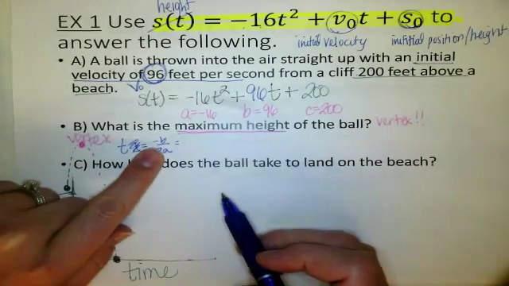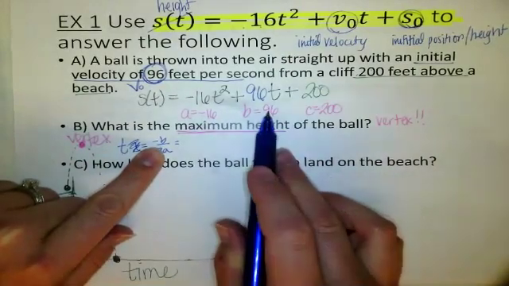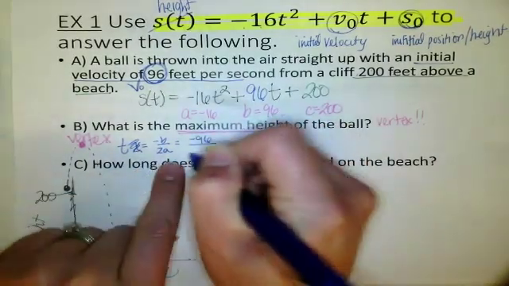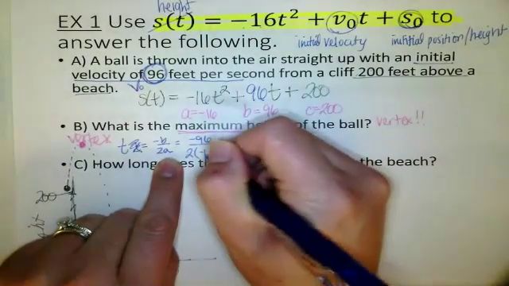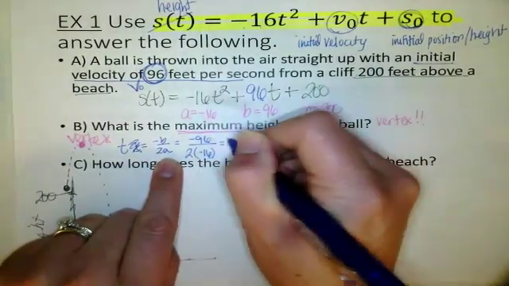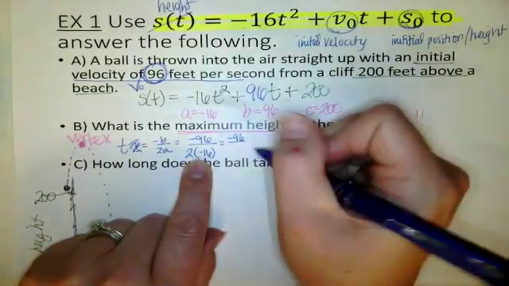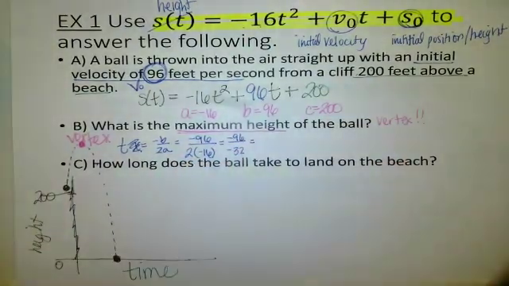So the opposite of b. What's the opposite of our b? Negative 96. Very good. Over 2 times a. What's the a value? Negative 16. Very good. And then negative 96 over, what is 2 times negative 16? Negative 32. Ladies and gentlemen, I don't want any fractions today.